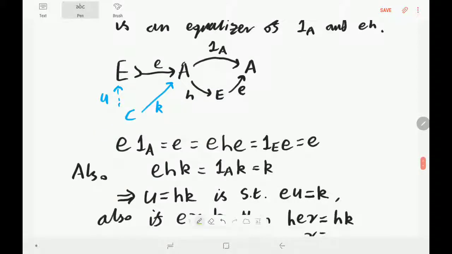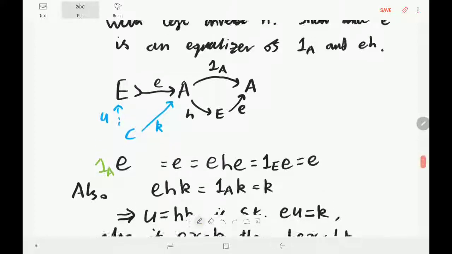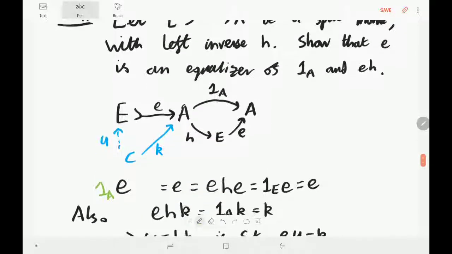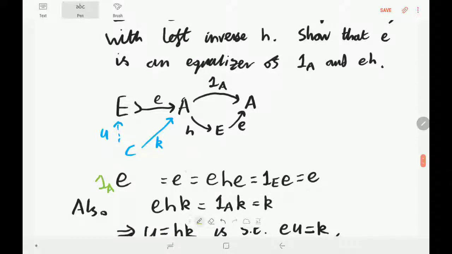We can do this because 1_A after e equals e, which equals e after 1_E.